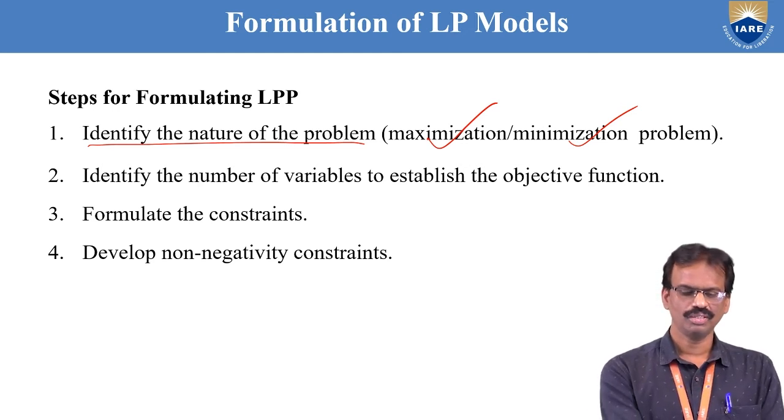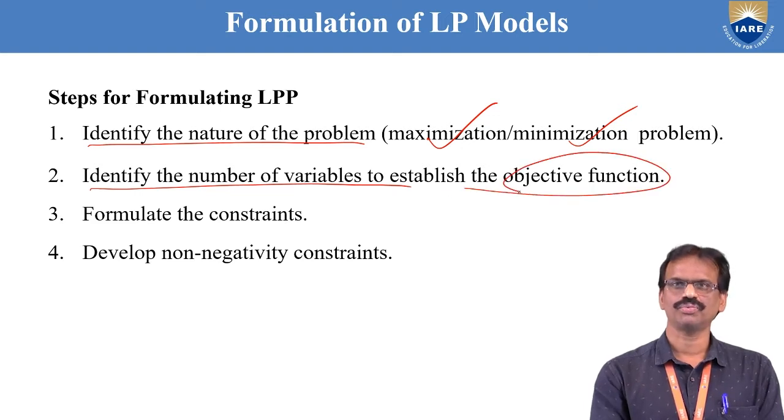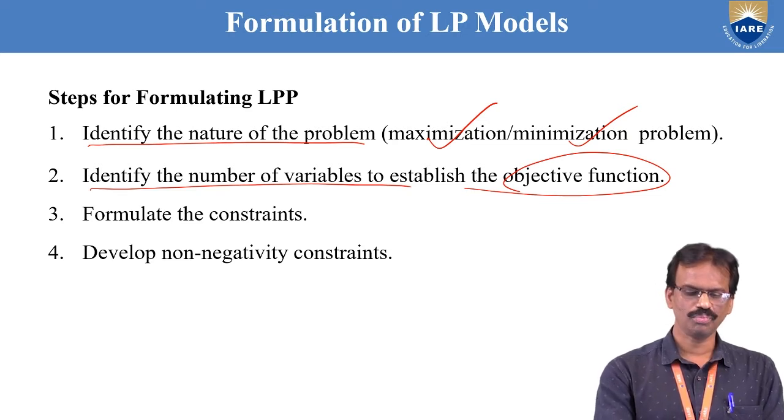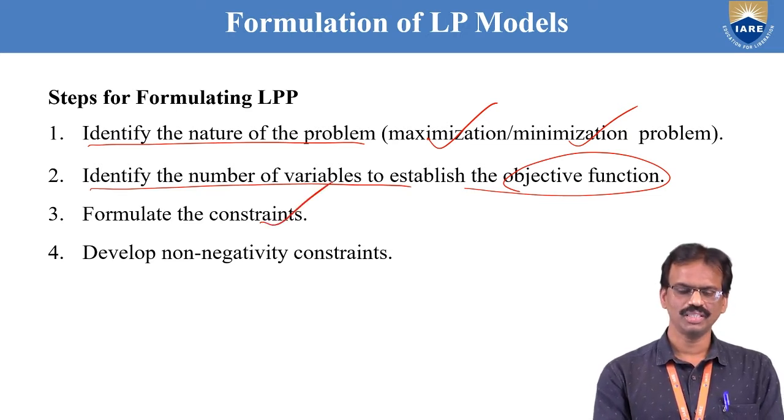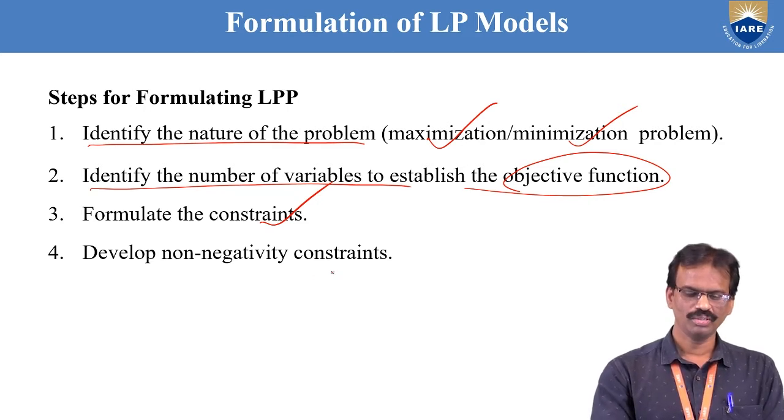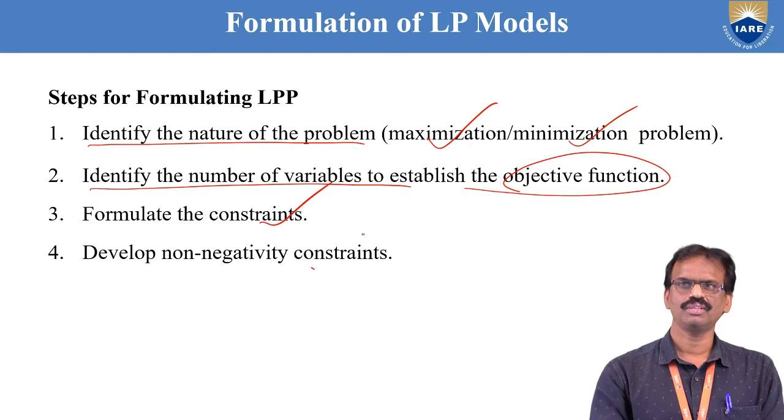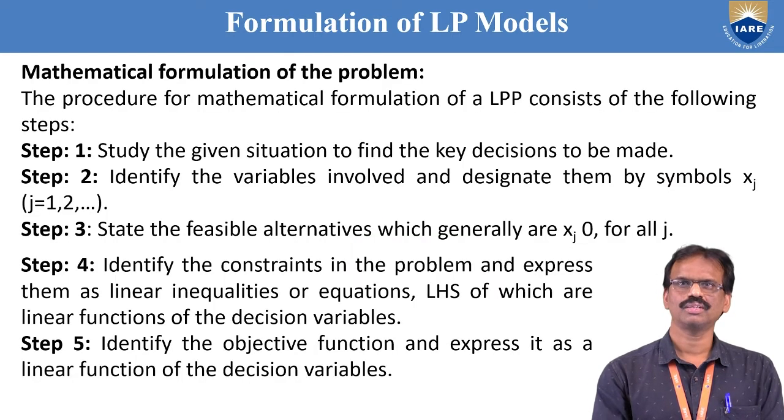Next, identify the number of variables to establish the objective function: identification of variables x1, x2, x3. Next, formulate the constraints, meaning the conditions. Next, develop non-negativity constraints.